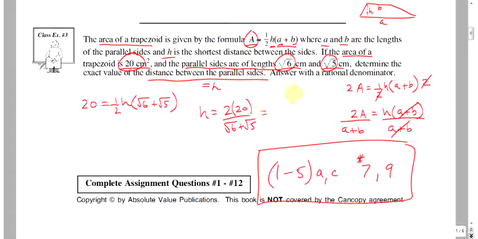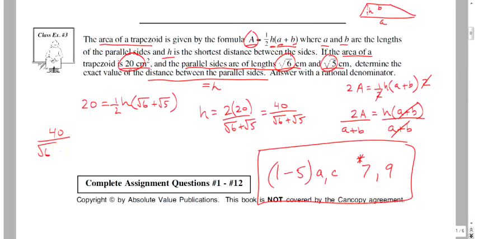Okay, so answer with a rational denominator. Oh, so now that's why it's related to this lesson. Okay, I'm not done. I know 2 times 20 is 40 over root 6 plus root 5, but like we said before, that's not simplified. I got to simplify this. How do I simplify this?